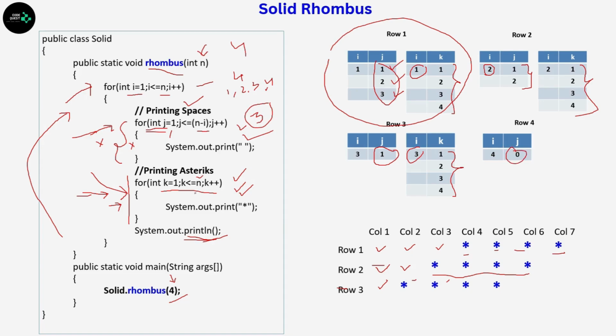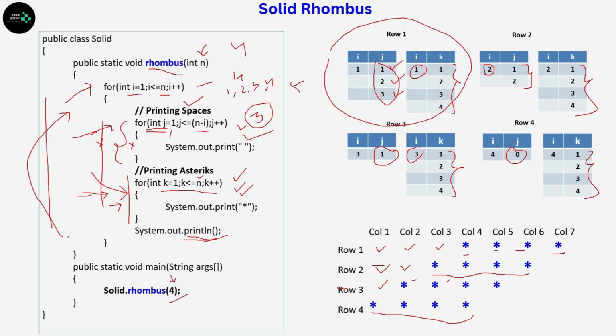When it comes to the k loop, as usual, it is going to print 4 asterisks. By the end of this fourth iteration, there are no spaces at the beginning, but we got the 4 asterisks because of the k loop. The outer loop is going to terminate when I becomes 5, so by the end of this entire method call, we have got a rhombus which is a solid one.